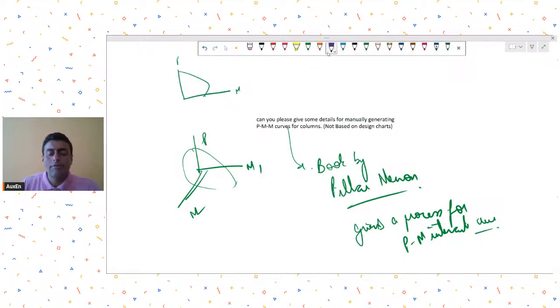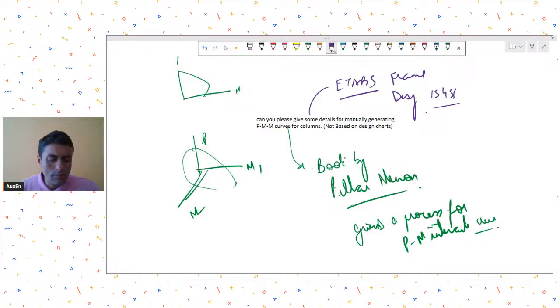I also remember that even in the ETABS documentation, the ETABS frame design manual for RCC, they have given the process that ETABS uses for this PMM curve generation.